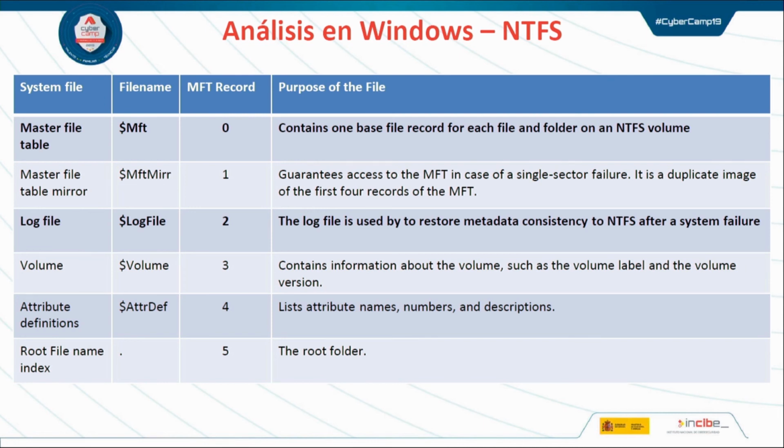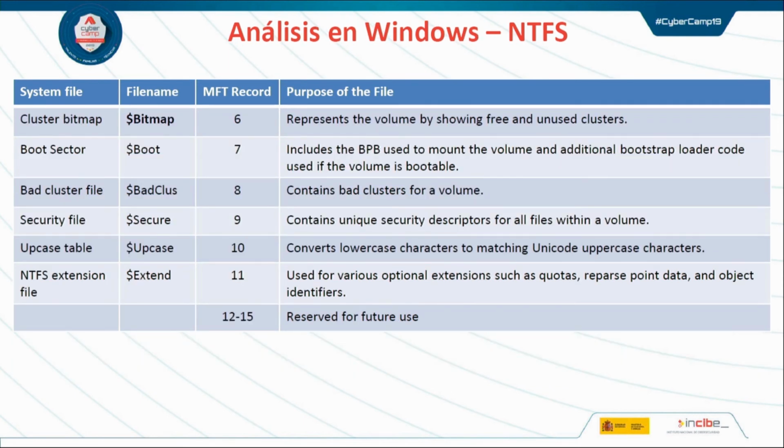Log file, for example, is another file, and it stores transactions before they go onto the drive. When you make a change to a file, it goes to the log file, and then it goes into the system, so that if there is an error in the system, it can step back. It's also of interest to analyze this file.